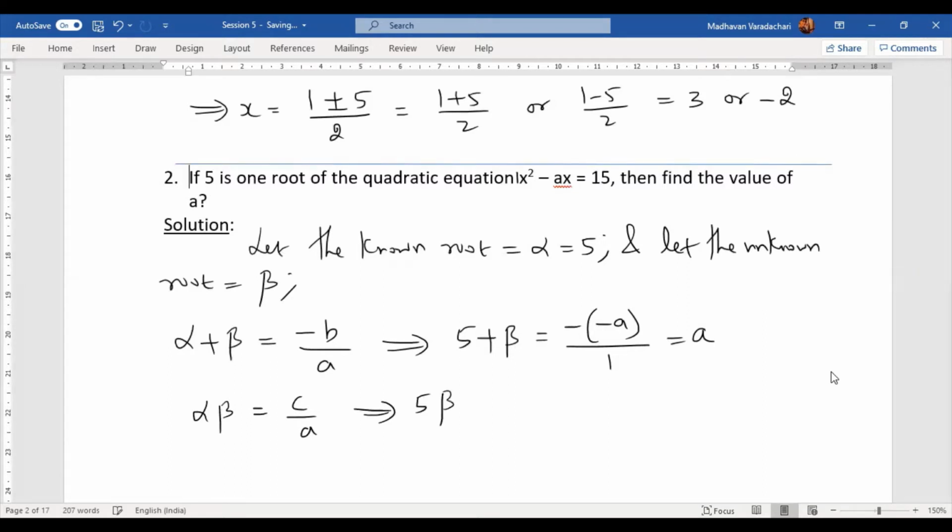So 5 times beta is equal to c. What is c? I need to rewrite this equation. I can bring it as x square minus ax minus 15 equal to 0.